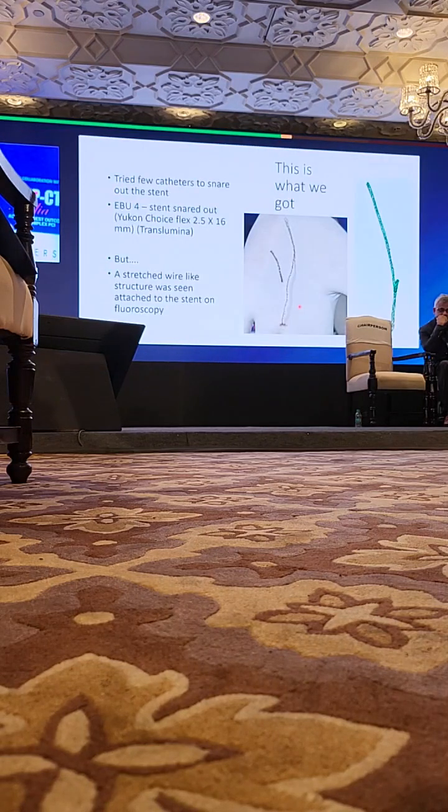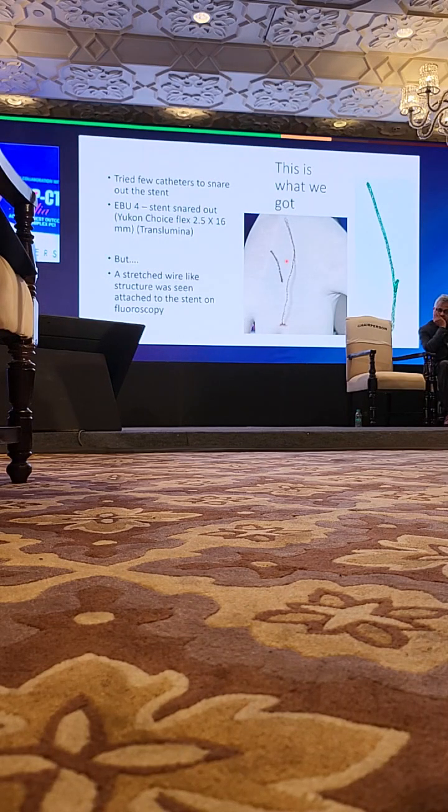So I tried a few catheters to snare out the stent. I had only one option to snare out the stent, and finally, after a lot of attempts, I could snare it out with an EBU 4. But it had got its body inside this thing with him. So this was the most terrifying situation for me, because I had pulled out all the assembly.